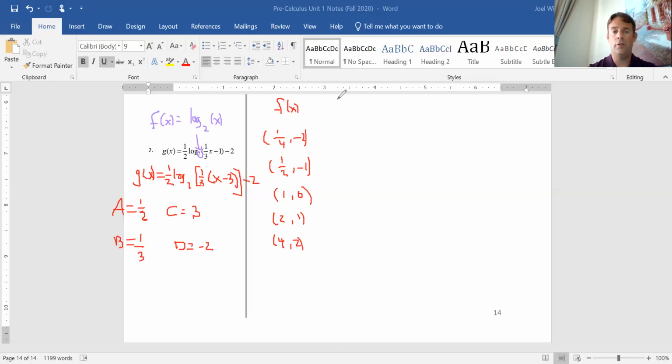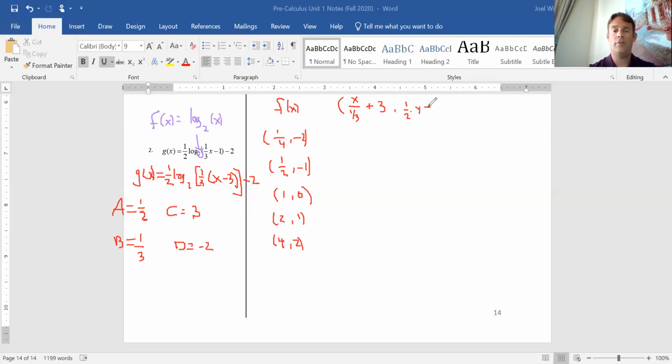And again, we're going to use our transformations here. So we're going to take our x value and divide it by our b value. So we're going to divide it by 1/3. And then we're going to add our c value, which is 3. And then we have our a value, which is 1/2, times our y values.